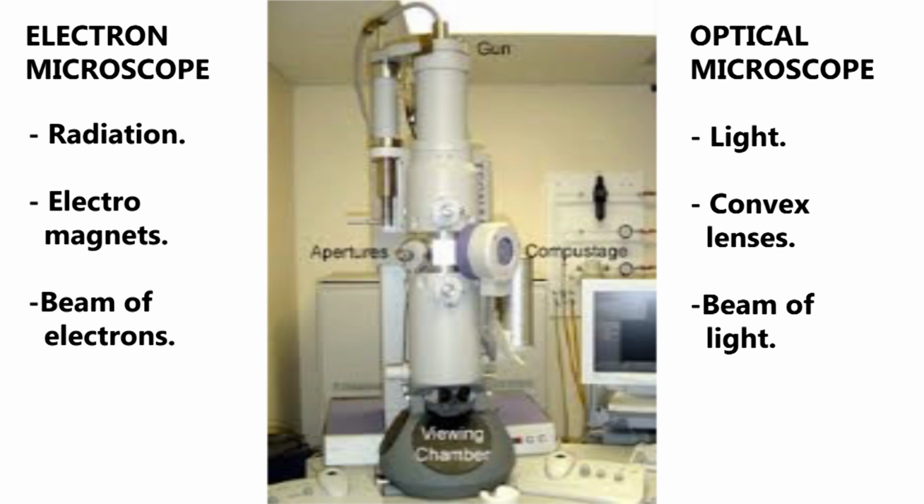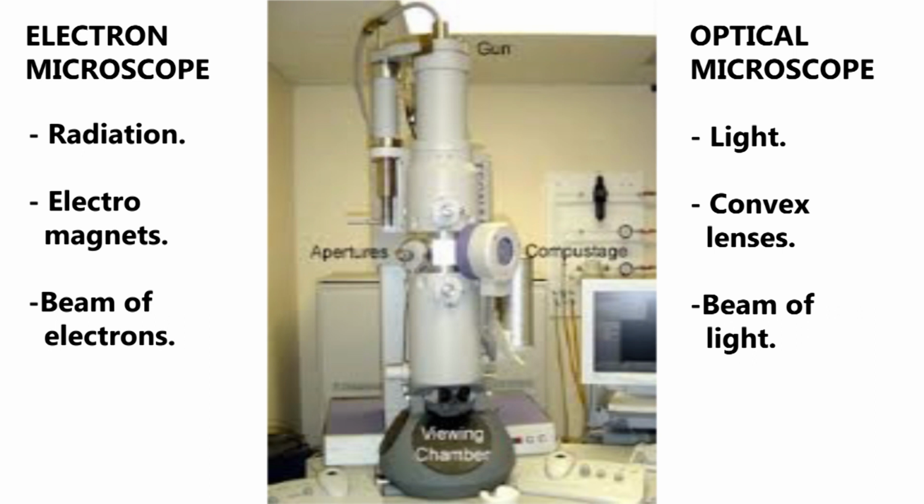Optical microscopes use what? Convex lenses. In the electron microscope, a beam of electrons passes through a vacuum and then through the electromagnets to focus electrons through the specimen. Electron microscopes can magnify living things up to 250 times.